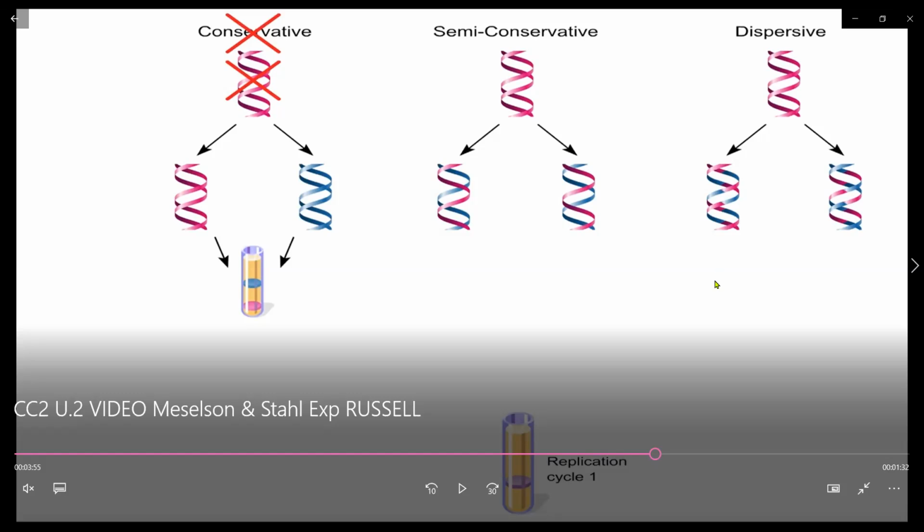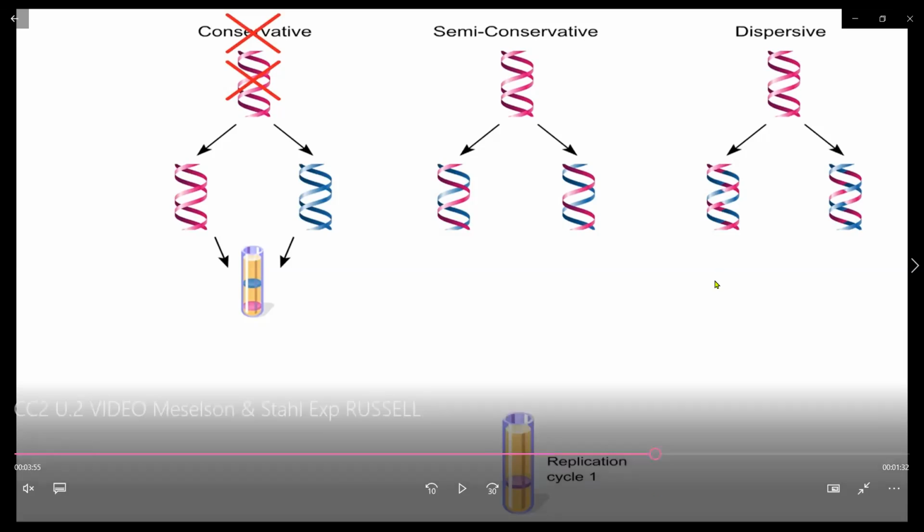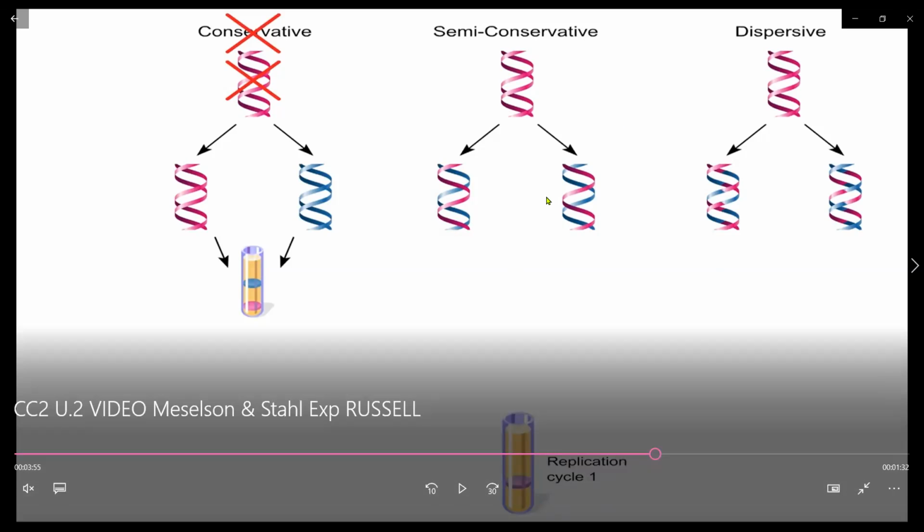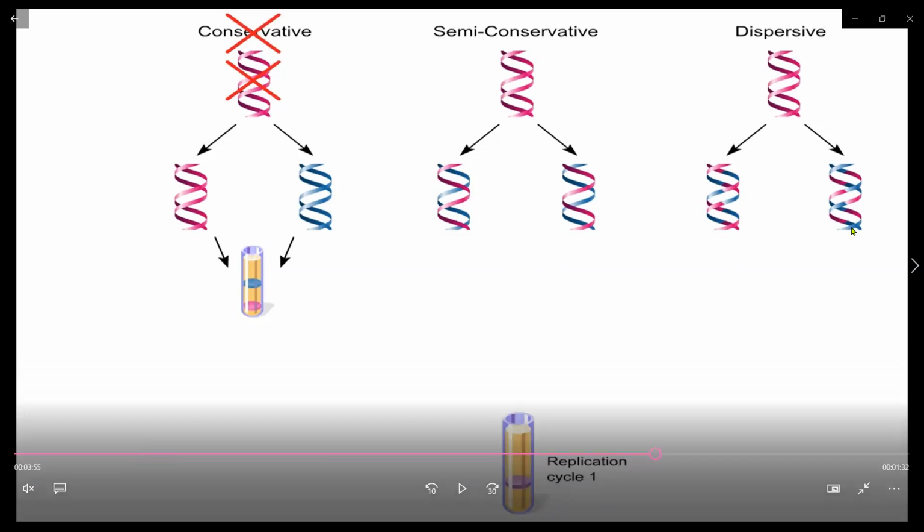So from replication cycle 1, it was not possible to understand whether the DNA is following a semi-conservative mode or a dispersive mode of replication. So the only thing from the first replication cycle that became evident was that the DNA is not following the conservative pathway of replication.